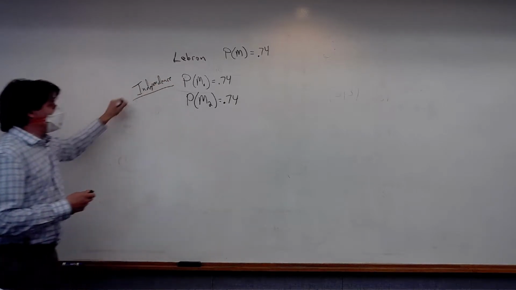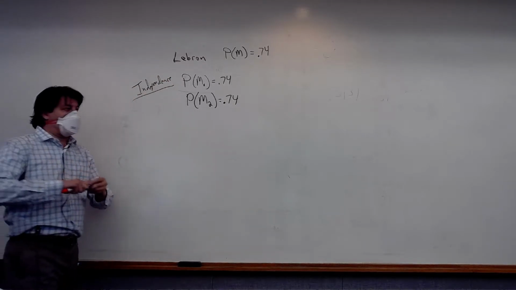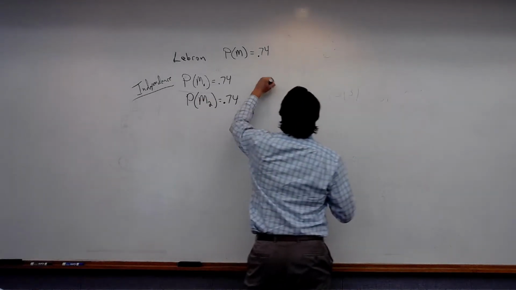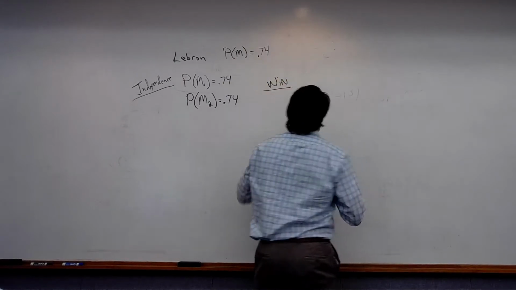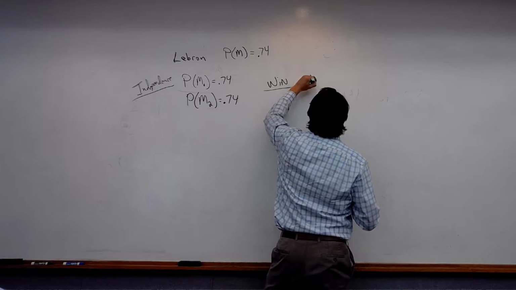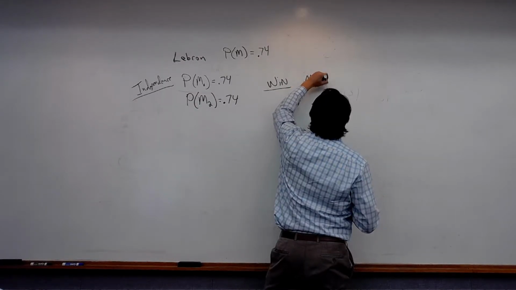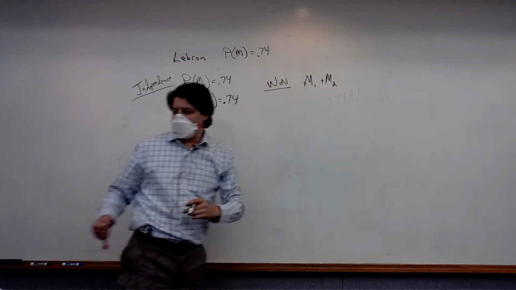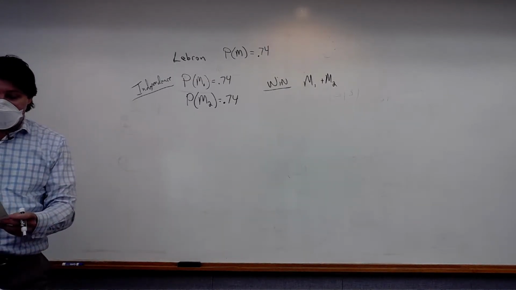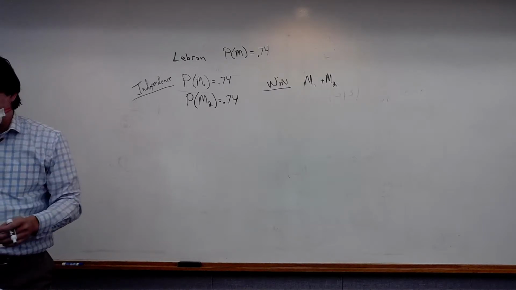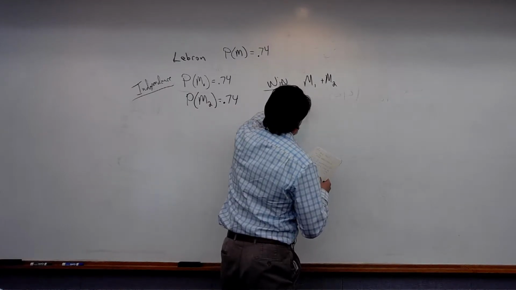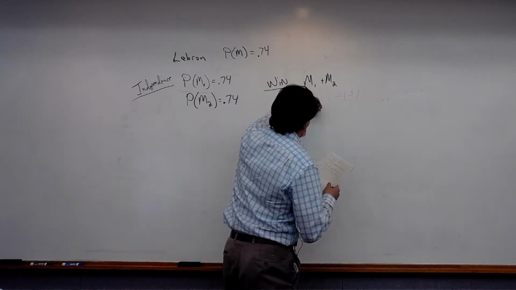When we have independence, we don't have to worry about any conditional probabilities. If we're worried about winning the game, how do we win the game in this scenario? We need to make the first and make the second. So for LeBron to win, he needs to make both. What's the probability that he makes one and makes two?